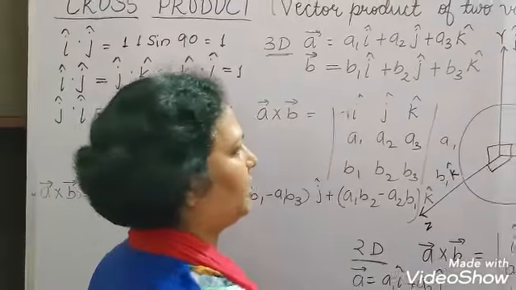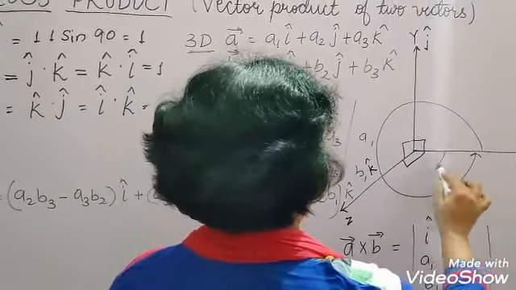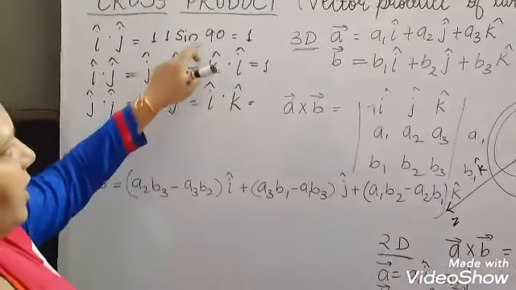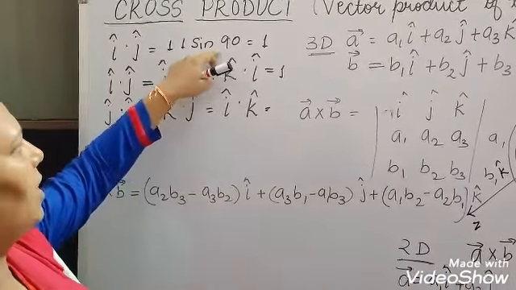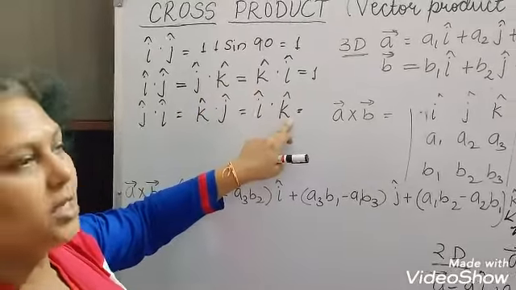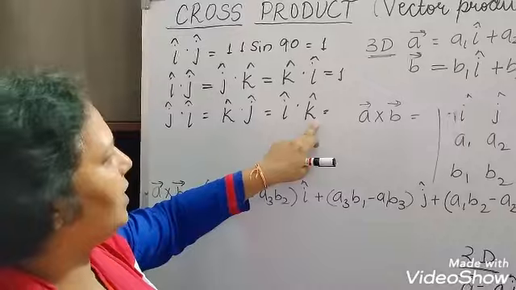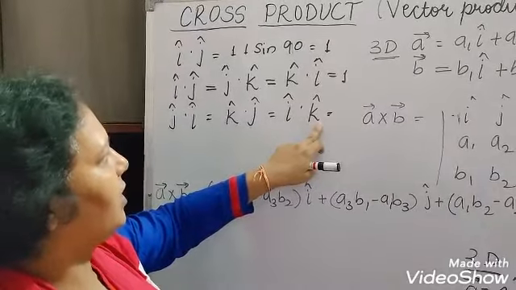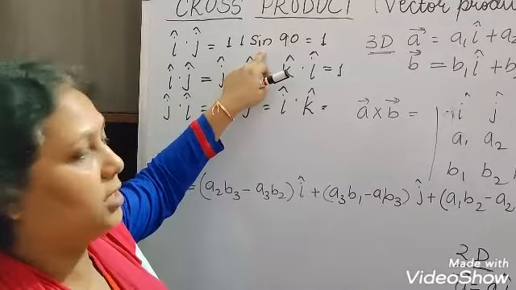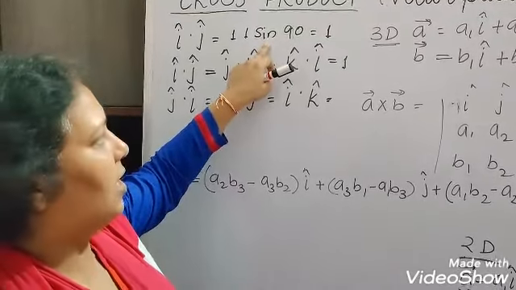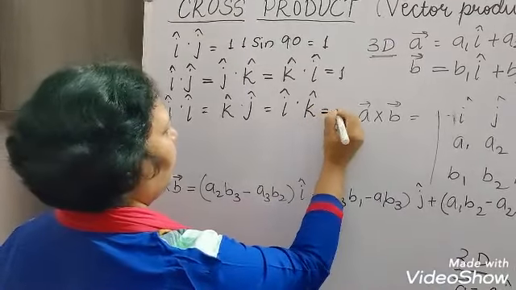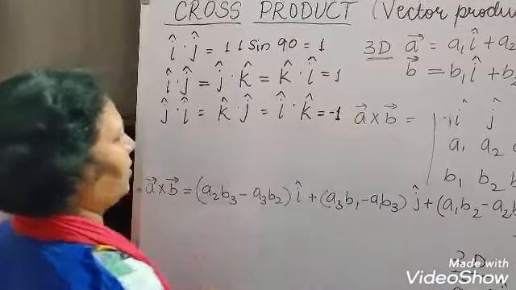In such case, we are now moving in the clockwise direction. That means this time it will become sine minus 90, which is minus sine 90. That means it is minus 1. So here it will come minus 1.